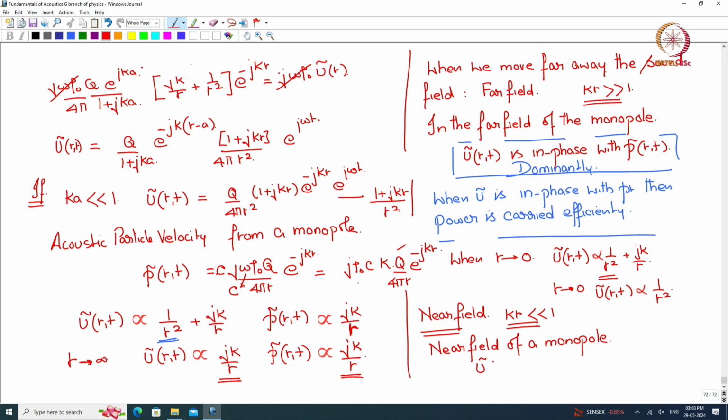So, in the near field of a monopole, particle velocity is proportional to 1 over r square, and pressure is of course proportional to j over r.